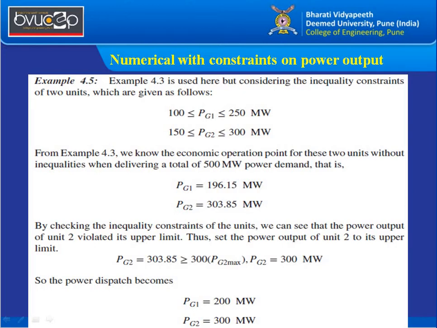Here we are talking only in terms of active power. The same thing is applicable for reactive power, but as the power we require is calculated in active power only, we are going to focus mainly on the inequality constraints in this particular example.